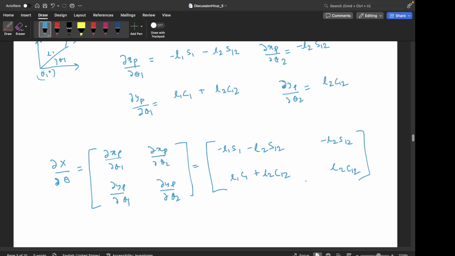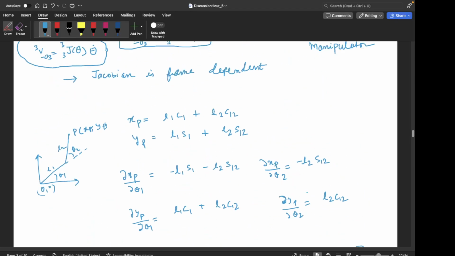Right, now if you see, this matrix is the same as the Jacobian which we calculated above.